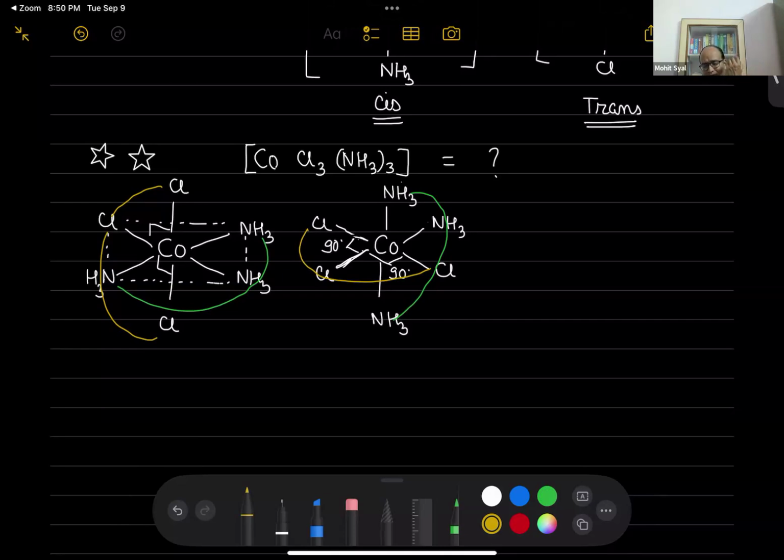And you see such lines on our globe. Okay, latitudes and longitudes. You know that, right? So that's why it is known as meridional. Is it clear or not?